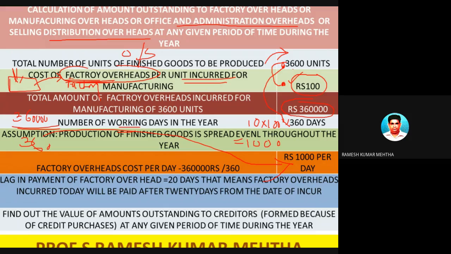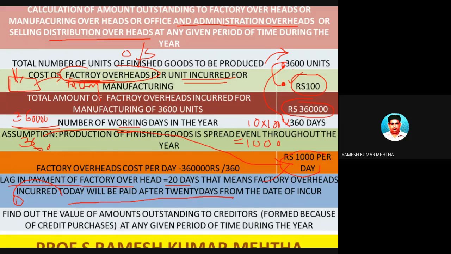So factory overheads per day we have found out. Now the lag in payment of factory overheads is equal to 20 days. That means factory overheads incurred today will be paid after 20 days. For example, the first day we have incurred an amount towards factory overheads.